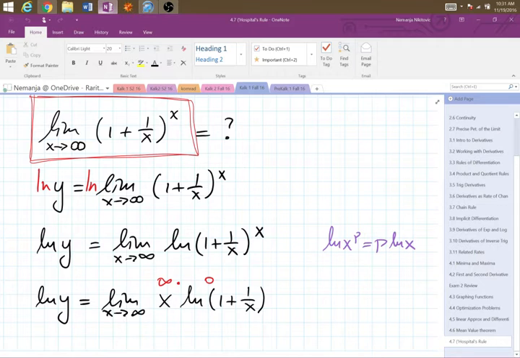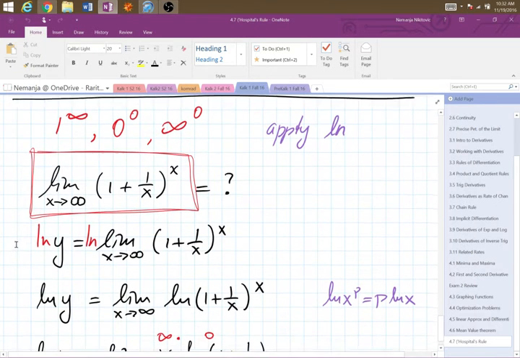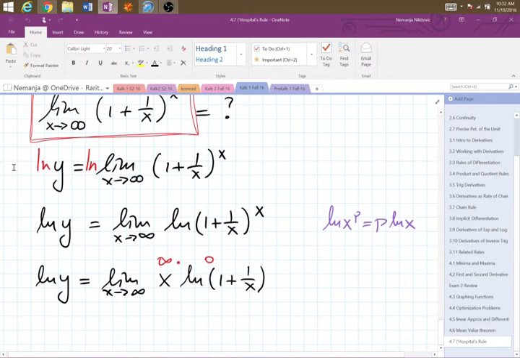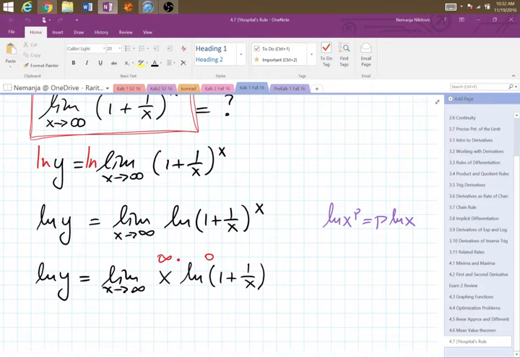The problem is the limit as x goes to infinity of (1 plus 1 over x) to the x, and we said that this is one of those problems where you have 1 to the infinity, which is the first case, and we apply ln to both sides. We use a formula for logs which will take off the power and put it in front of the ln, giving us an infinity times 0 situation.